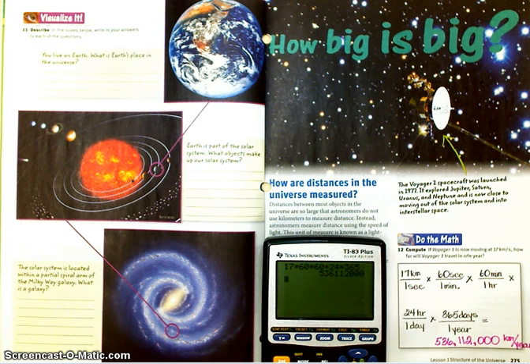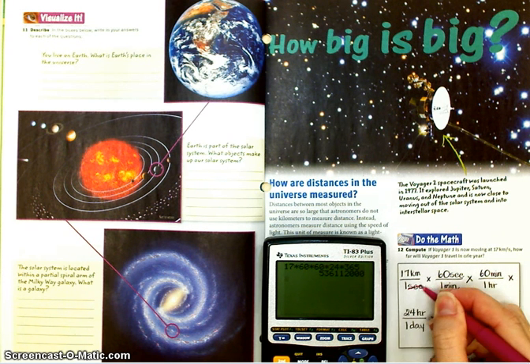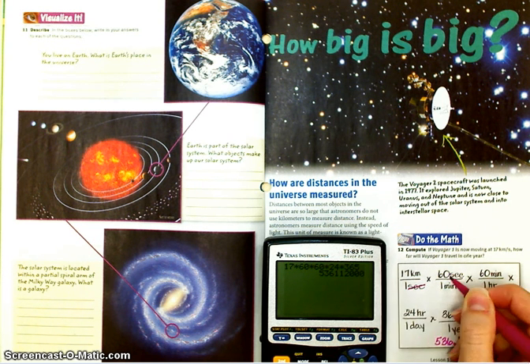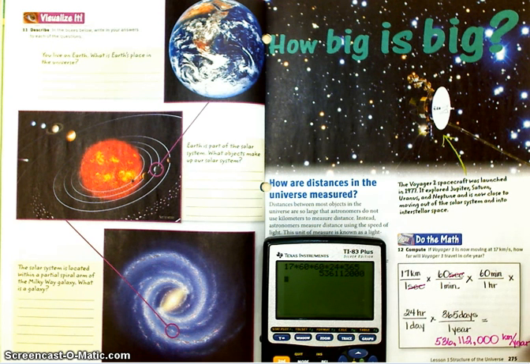How do I know? Because I can look up here. I don't know if you guys have done this much in math or in algebra, but the rule is if I have to convert and I'm switching units, then things that are catty corner cancel. Seconds is down here, seconds is catty corner up here, so they cancel. Minutes are down here, minutes are up here, catty corner, so they cancel.